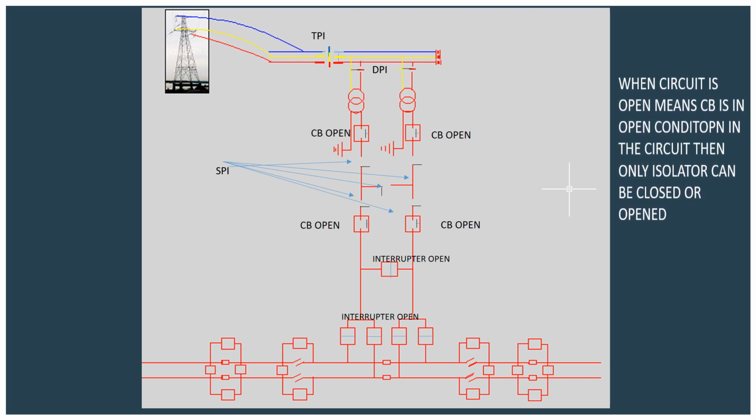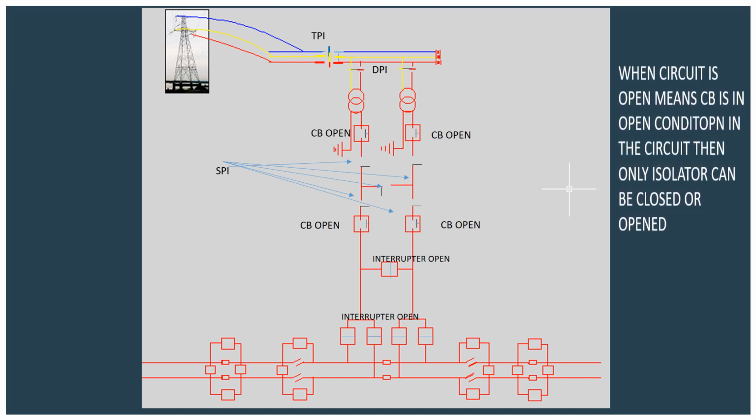When the circuit is open, meaning the circuit breaker is in open condition in the circuit, then only can the isolator be closed or opened. That means there should be no current through this isolator; only at that time can it be operated.